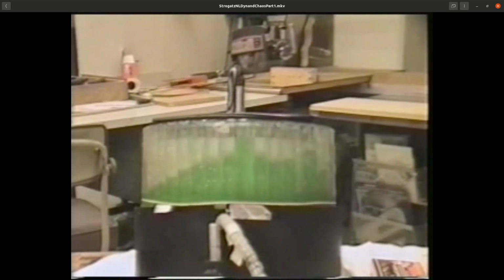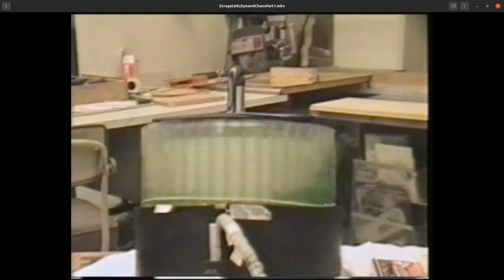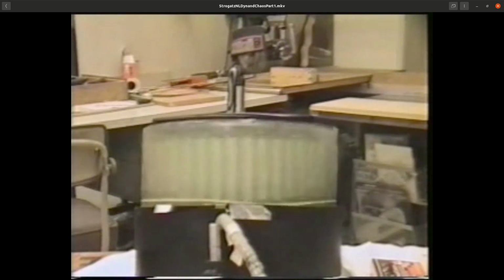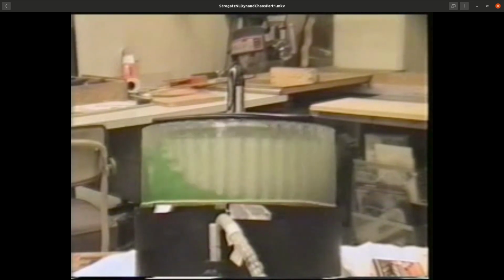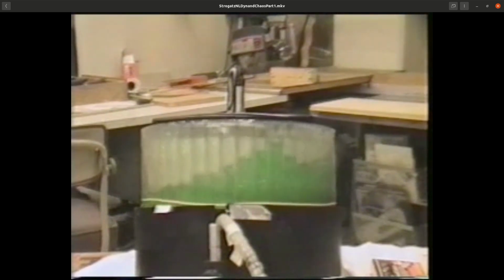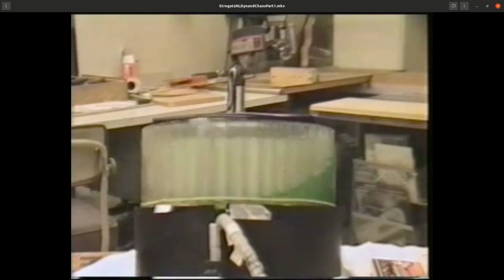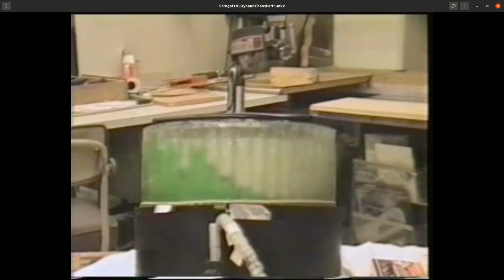Still not uniformly. Now it's gone back to the left. Will it go to the right? Now it goes to the right. Now it's going to go to the right again. Nope, it goes back to the left.